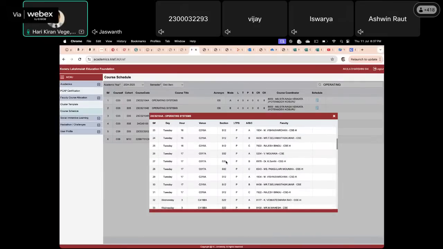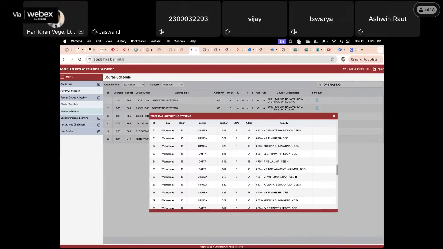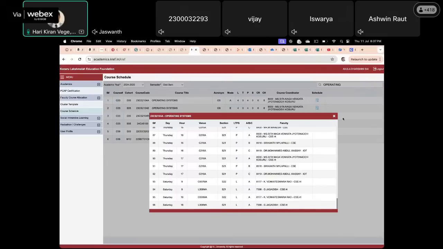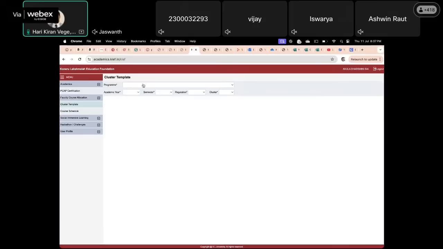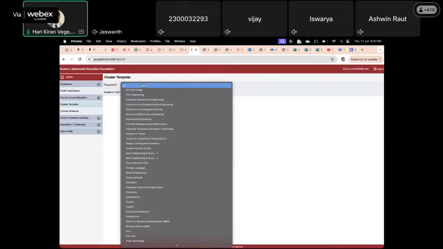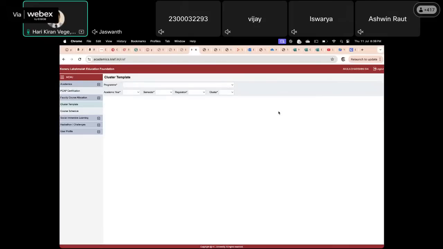All right. Is that clear, everyone? So this is how you need to look at the faculty allocation, and the course templates will also be available. So you can look at the course templates. The course template will show you, for cluster 1, you choose the cluster here, cluster 1, cluster 2, and so on.